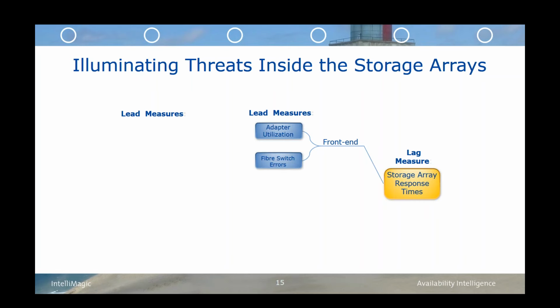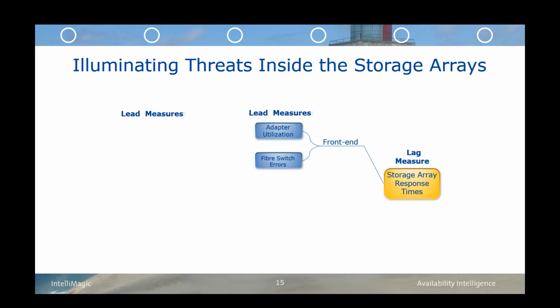Well, on the front end of a storage array, some of the most common reasons that delays get introduced into the service times are from adapter utilizations, depending on the make and model. But this is something we see fairly often, that the front end of the storage array gets overloaded during peak periods.